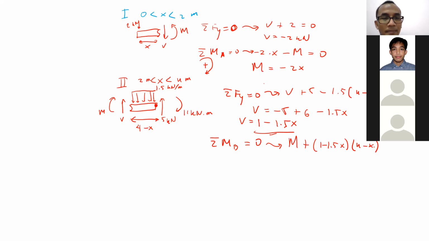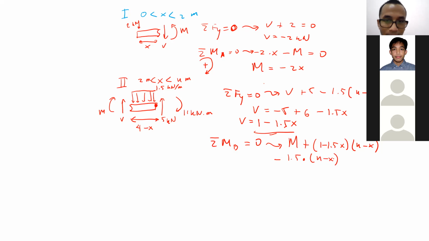Yeah, that's one. And then how about the distributed force? Minus, right? Because it's supposed to give you a counterclockwise moment, right, Safran? So the distributed force, you have to multiply it with 1.5 kilonewton per meter multiplied by 4 minus x, and that one will become force.